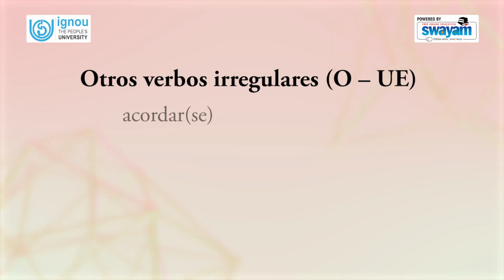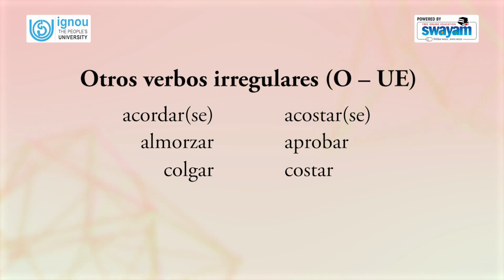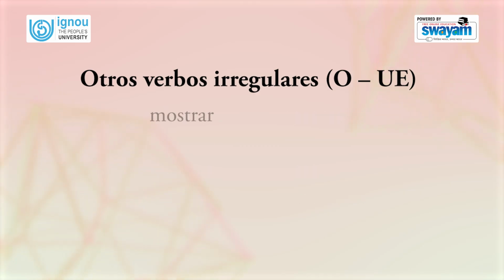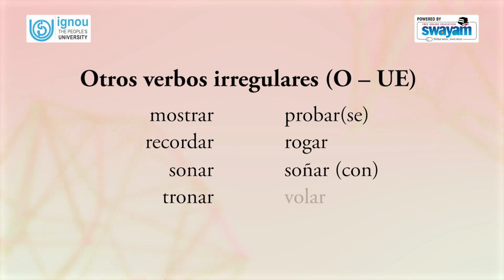So we have acordarse de, to remember something, acostarse, to go to bed, almorzar, to eat lunch, aprobar, to approve or to pass, as in aprobar un examen, colgar, to hang or to hang up, costar, to cost, demostrar, to demonstrate or to prove, encontrar, to find, mostrar, to show, probar, to try, probarse would be to try on something, recordar, to remember, rogar, to beg, sonar, to sound, soñar con algo, to dream about something, tronar, to thunder, and finally volar, which is to fly.